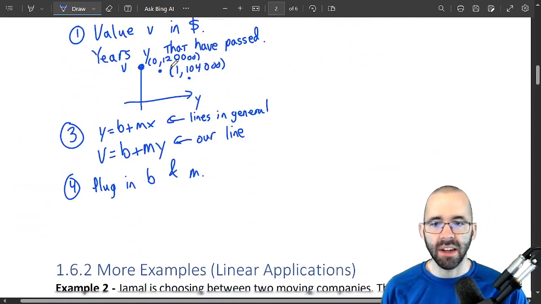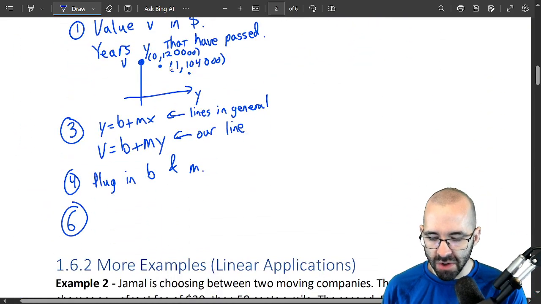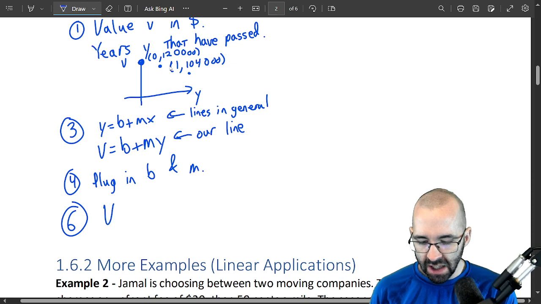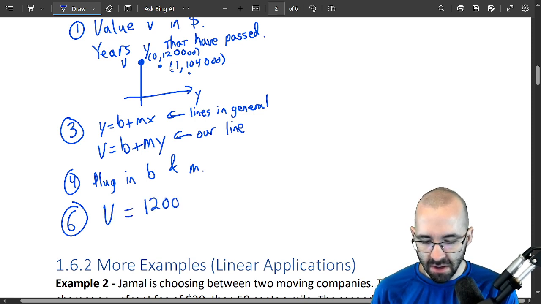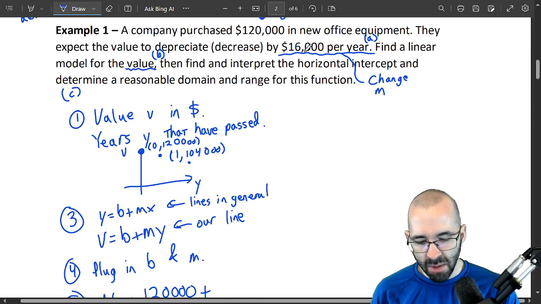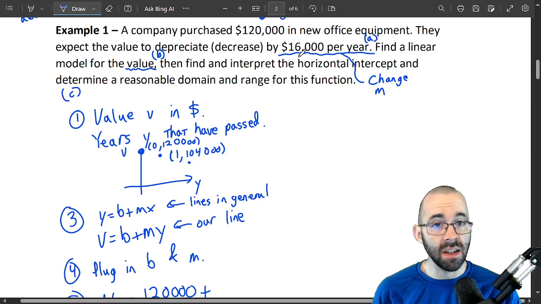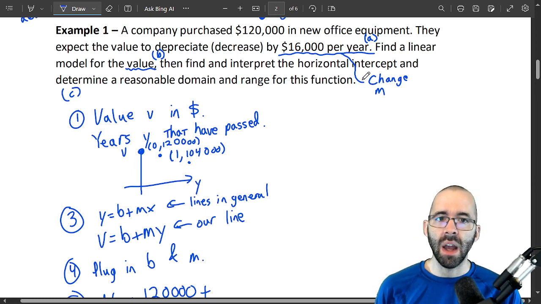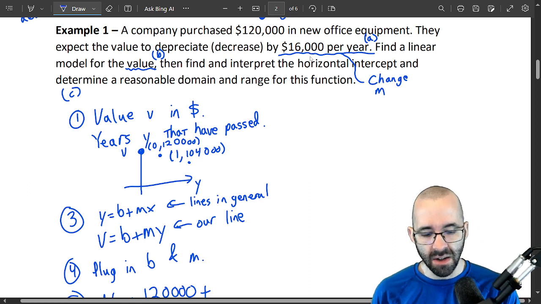Okay, so let's do it. Let's use our pathway. So V is going to be B, and we said B was 120,000 plus M. We said M was decreasing by 16,000. Ooh. So M is going to be negative 16,000. Watch out for that.